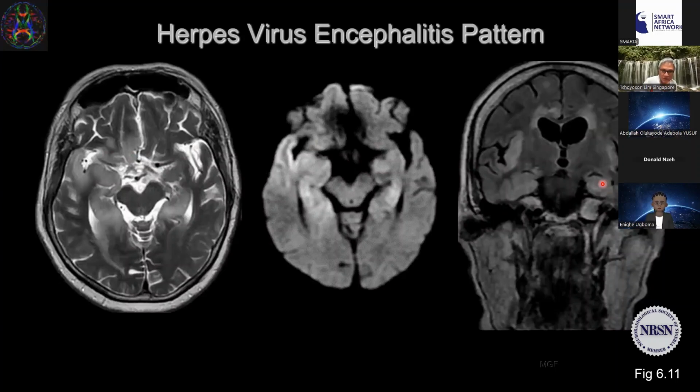But the unfortunate disadvantage is sometimes it isn't easy to tell whether something that is high signal, when it's not swollen, is actually abnormal. So sometimes there's false positive on FLAIR, but it is more sensitive, certainly, than T2 weighted.